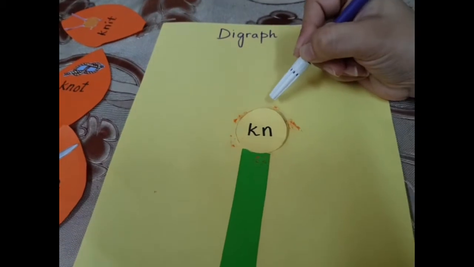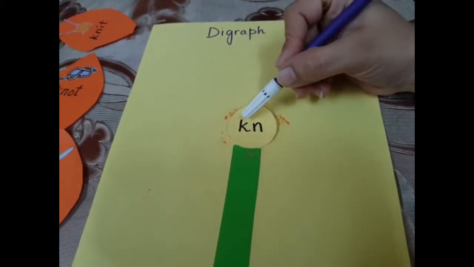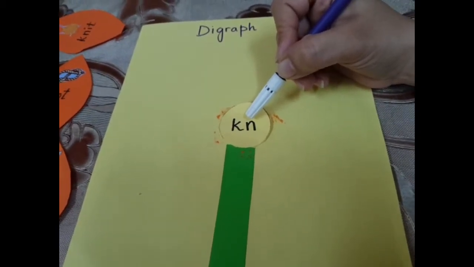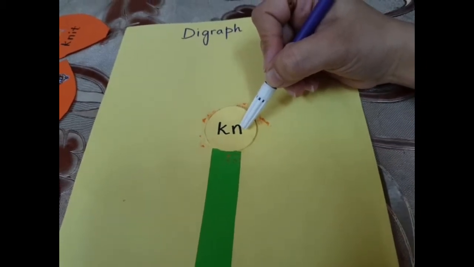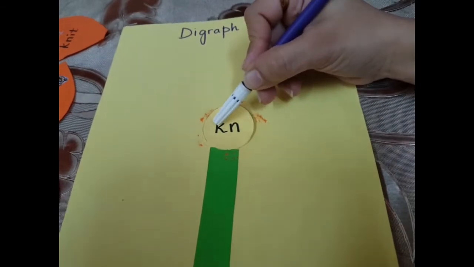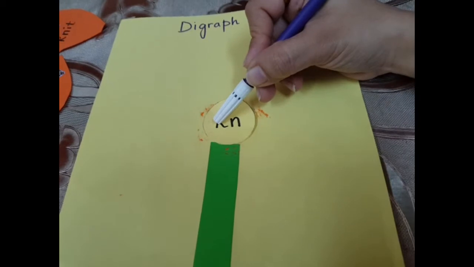Here is your first silent digraph, KN. Here KN makes the sound N. Which alphabet makes the sound N? N will make the sound N. Even though you have two alphabets here, K doesn't make a sound. It is silent.